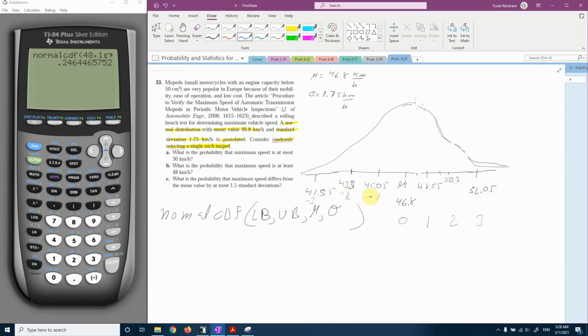They still consider the first, second, third standard deviation, but going towards the negative side. But they want 1.5, so 1.5 somewhere over here.